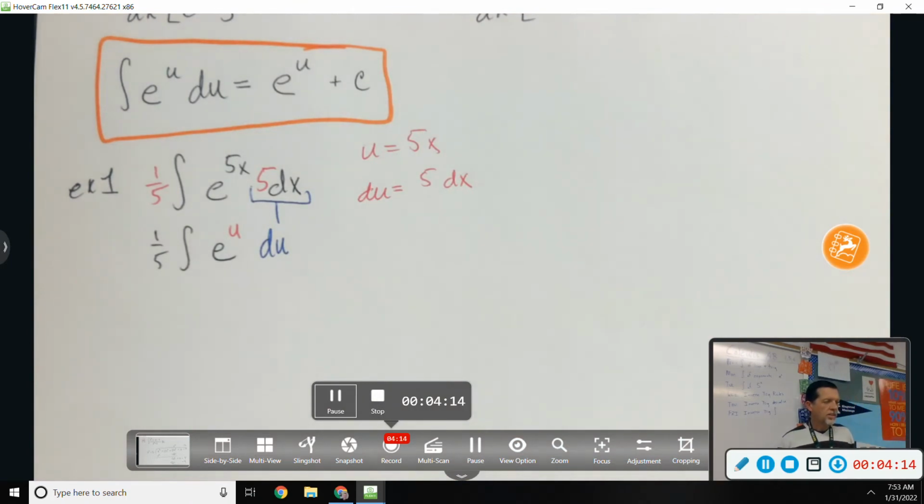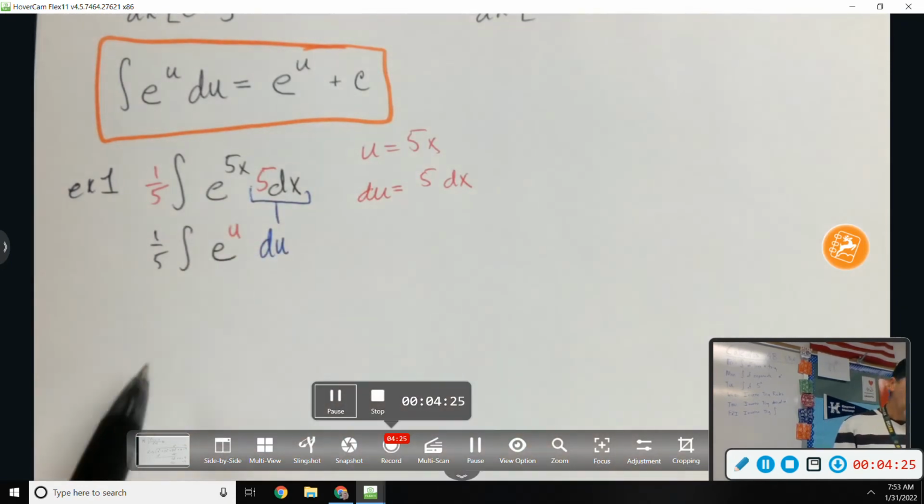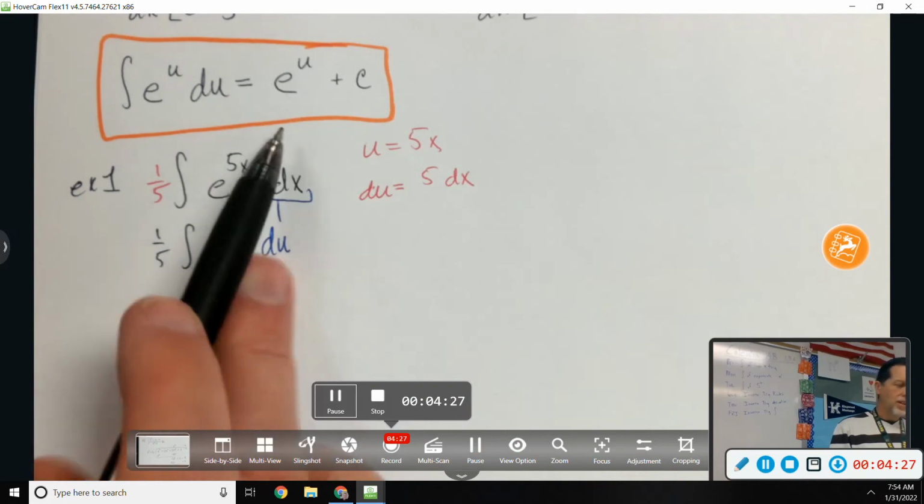And I don't want to say that's going to be all of the problems today, but most of them are going to get down to integral of e to the u du. So it'll be about figuring out the u substitution to make that work. So the antiderivative of e to the u is e to the u.